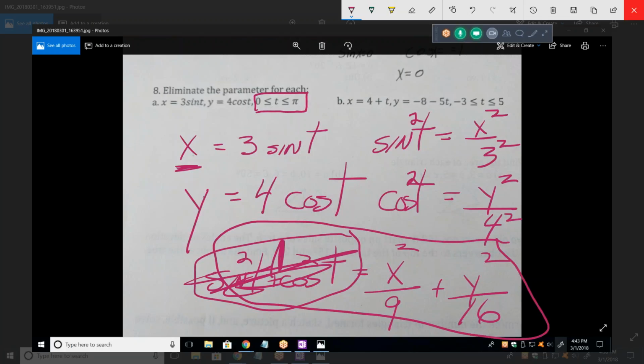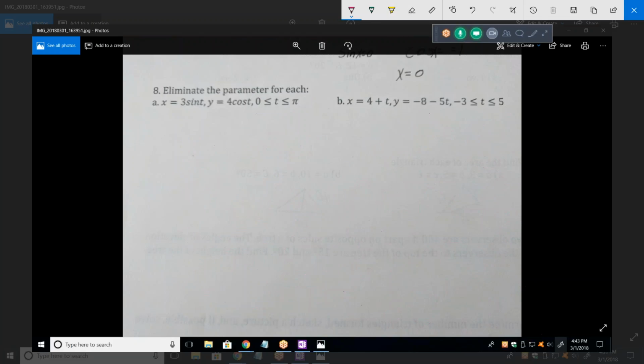So that's all I put is x squared over 9 plus y squared over 16 equals 1. And that's the perfect equation of an ellipse. And for 8B though, that first one that we did, he said the answer was y equals negative 5x plus 12.